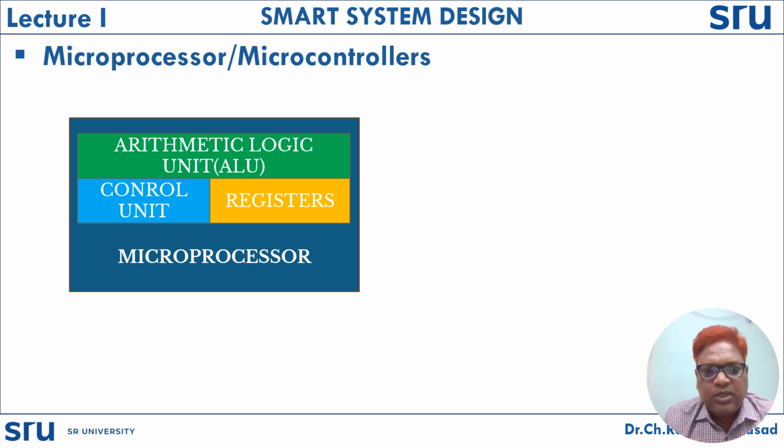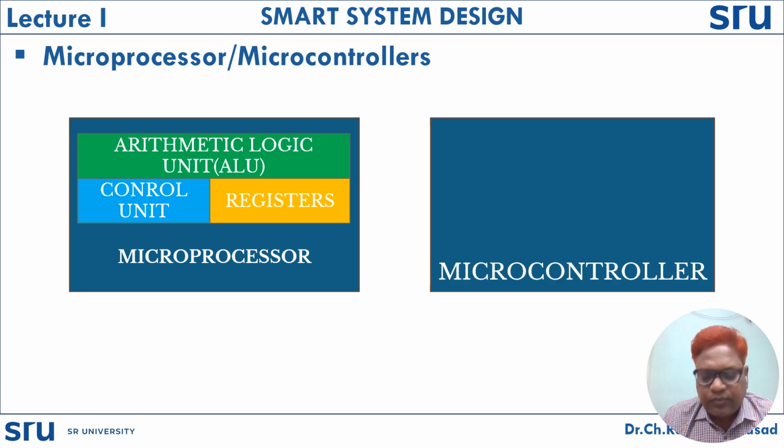They may be 8-bit, 16-bit, 32-bit, or 64-bit registers in microprocessors. And the control unit decides what type of operation is to be executed by the microprocessor. All these integrated in a single IC are known as the microprocessor.